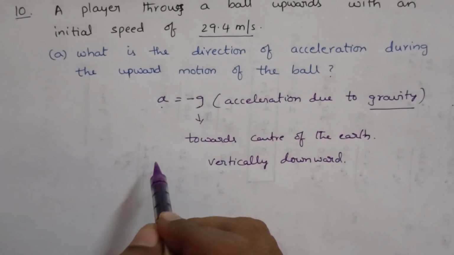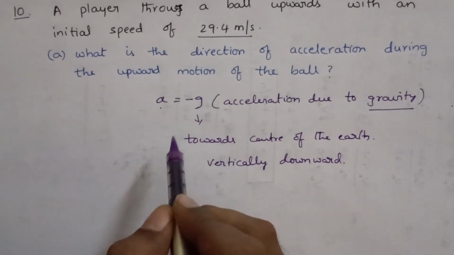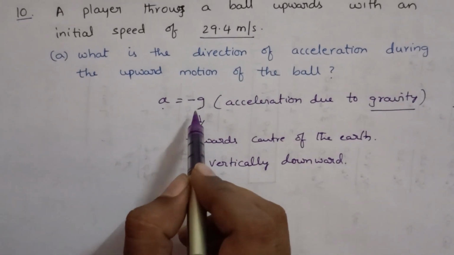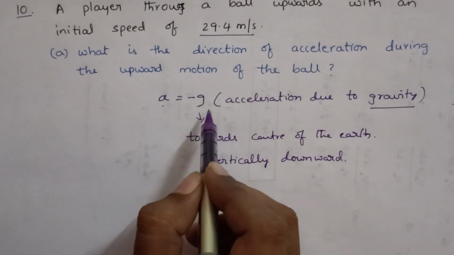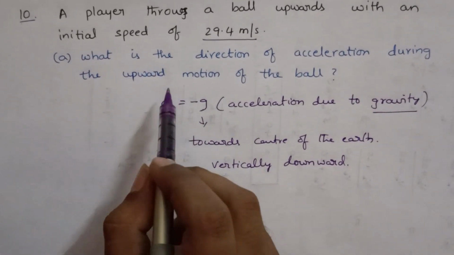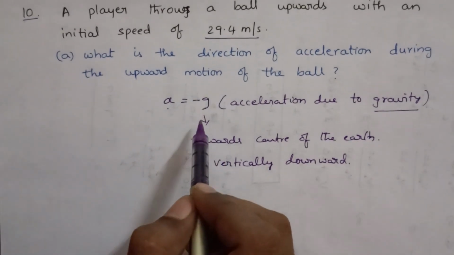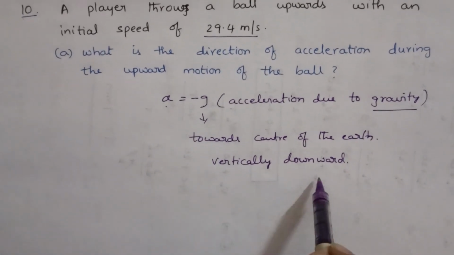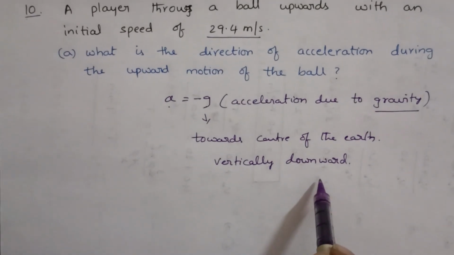If the ball is coming downward, we will take the g value as positive. As the ball moves upward, acceleration is minus g. Minus g means the acceleration is towards down, the opposite direction.